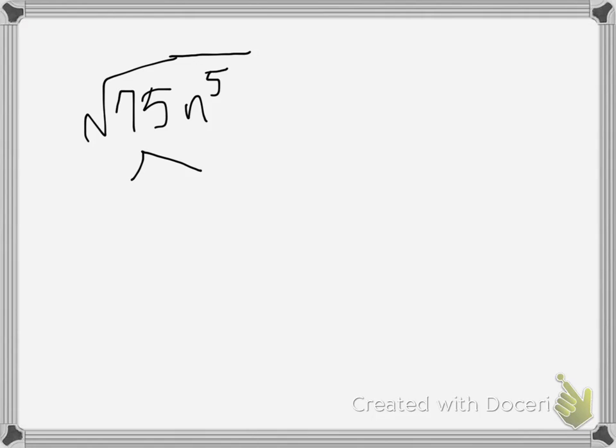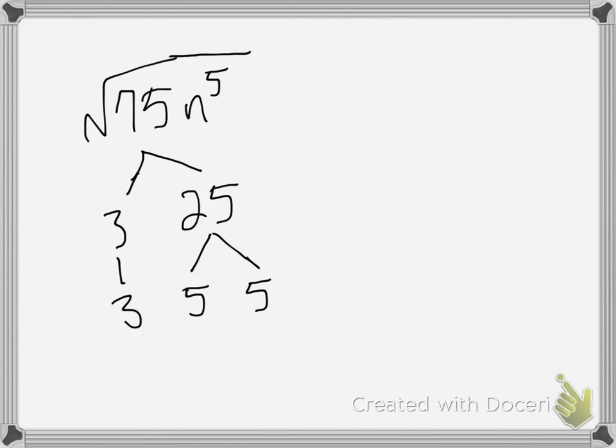So I can ask myself, what times what gives me 75? 3 times 25 gives me 75. I can't break 3 down any farther besides 1 times 3, so that's a prime number. And then I can break 25 down into 5 times 5. So the prime factorization of 75 is 3 times 5 times 5.